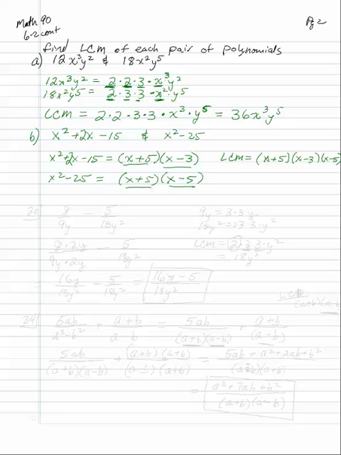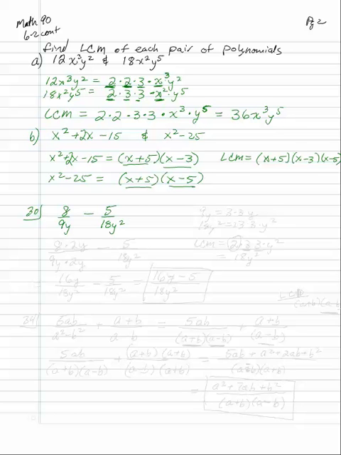Okay, so now let's try to add some of these now that we can find a common denominator. So let's start off with number 30. 8 over 9y minus 5 over 18y squared. So our first thing is to find the LCD.